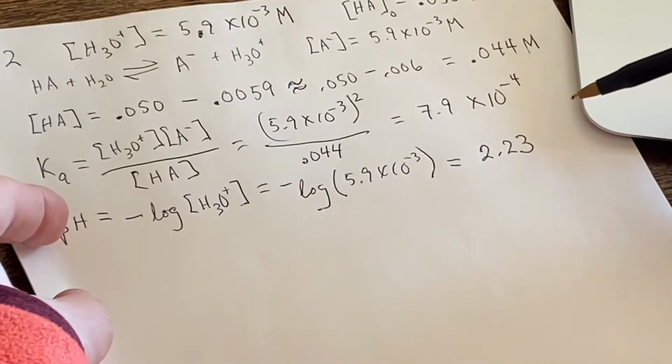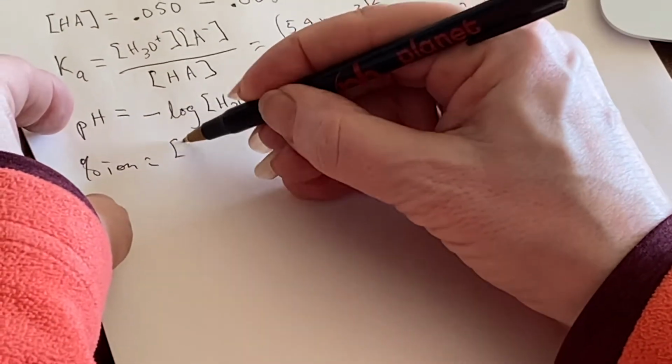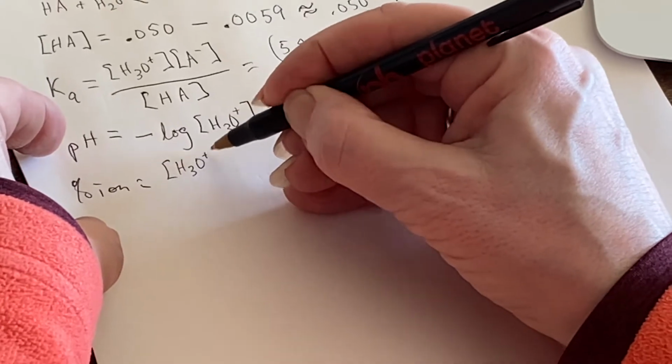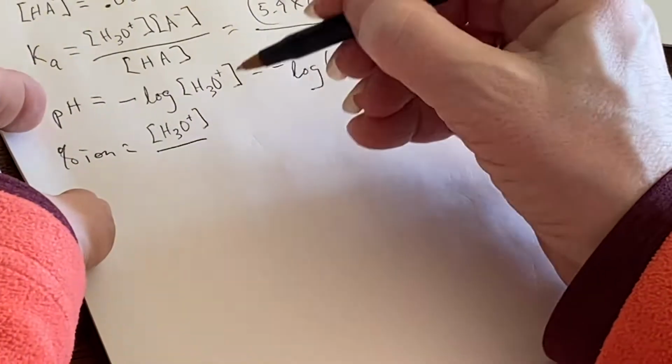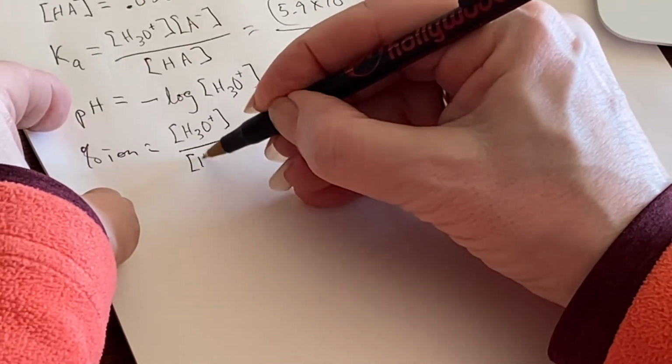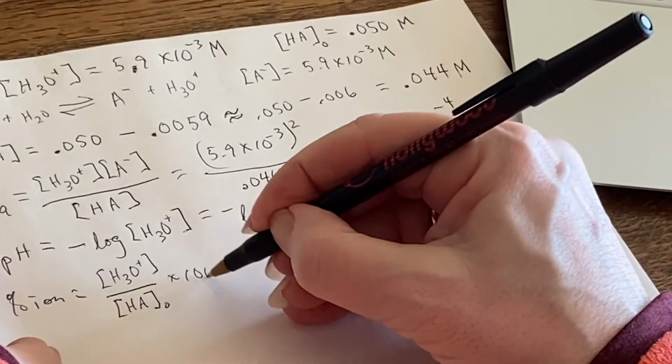So I've got those, and then it says, what's the percent ionization? Well, the percent ionization is going to be that hydronium ion concentration over the original HA, multiplied by 100%.